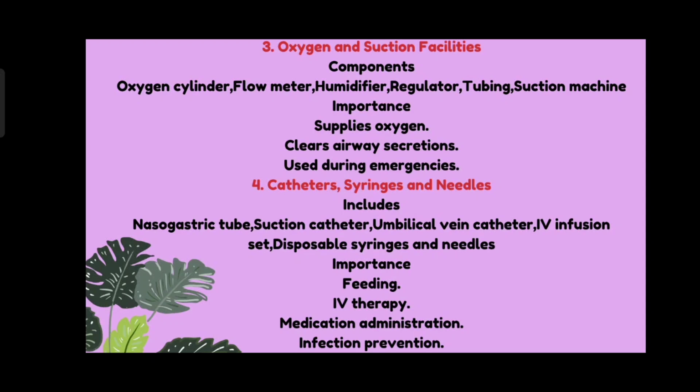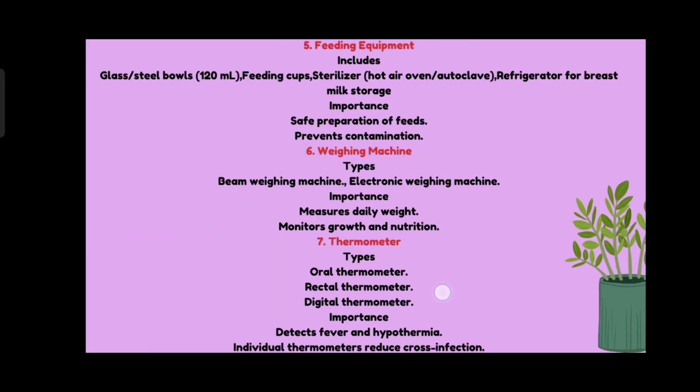The importance is that it helps in feeding, helps to provide IV therapy and medication administration, and helps in infection prevention. Then about the feeding equipment, which includes the glass or steel bowls, feeding cup, sterilizers, refrigerator for breast milk storage. It helps for the safe preparation of feeds and helps to prevent contamination.